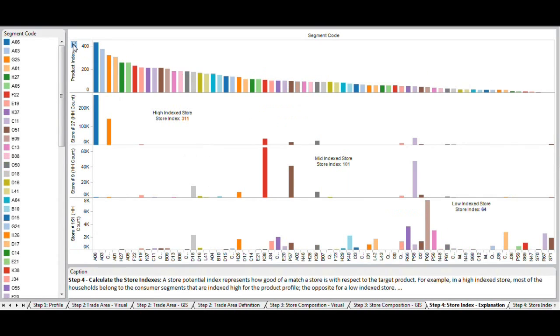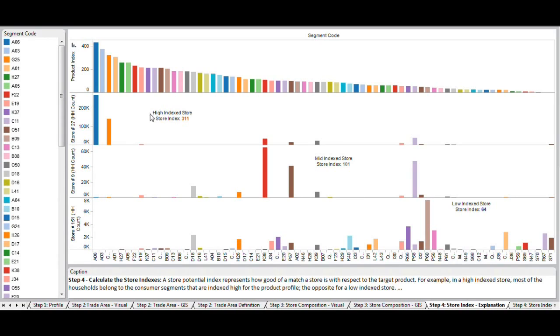So let's rank and sort the product index from the higher index to the lower index and see how each of the stores compare. So the first store, 5 and A6, so that store has a pretty good correlation or pretty good fit with the profile.